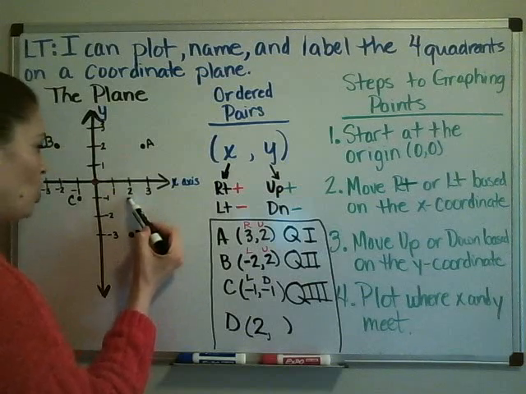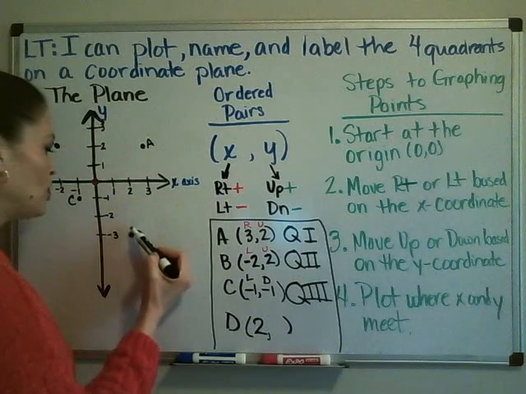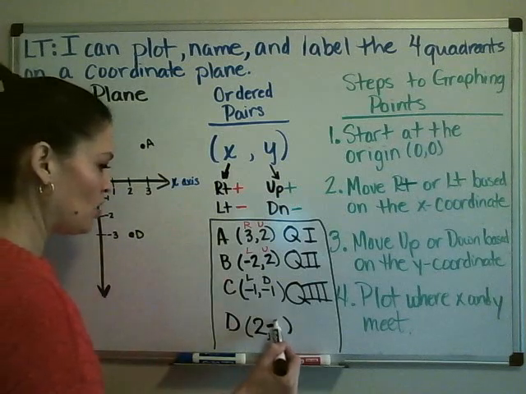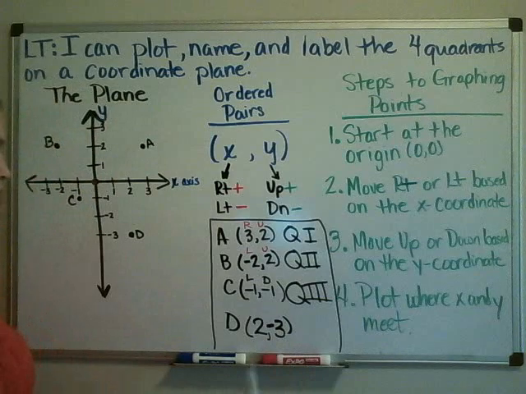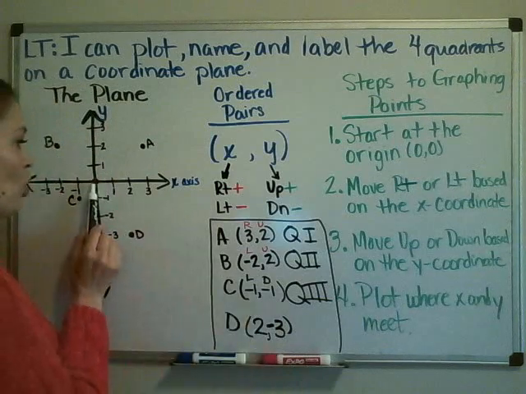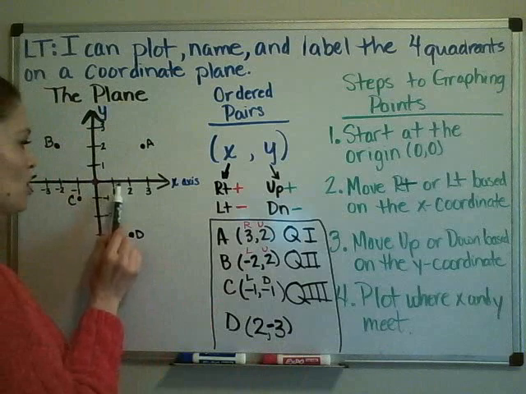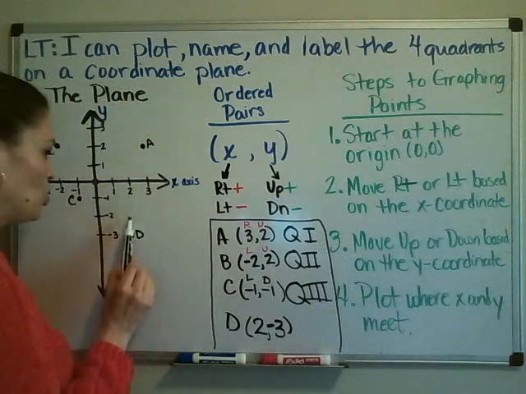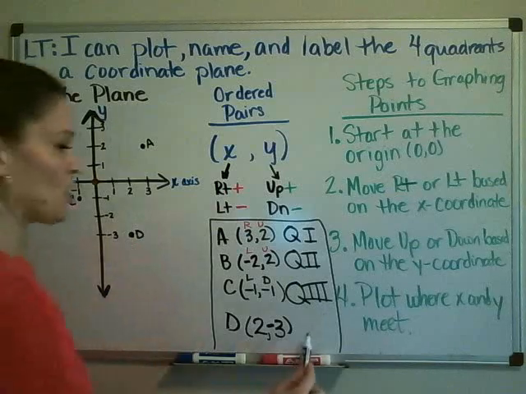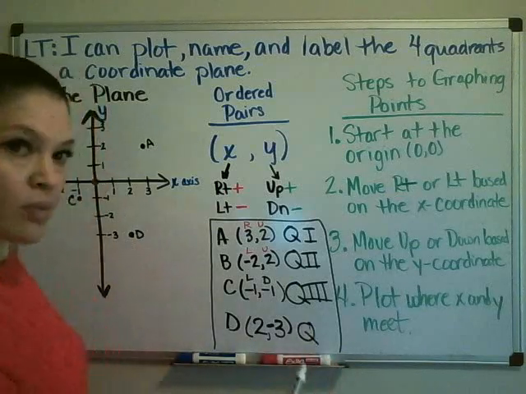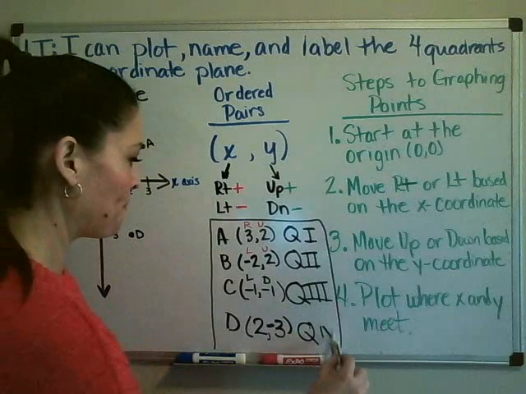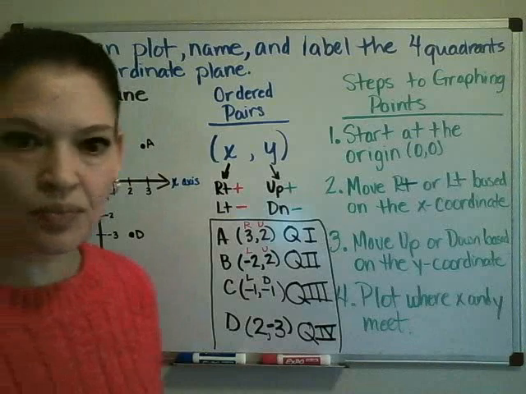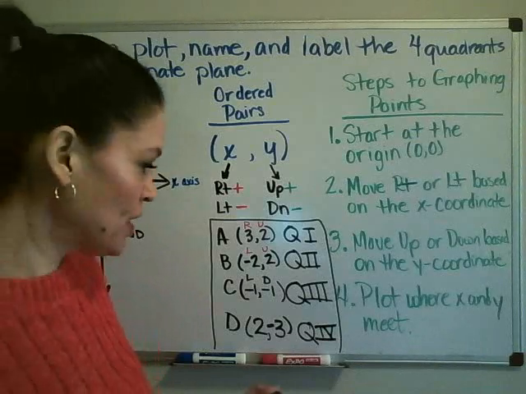I have to go down 1, down 2, down 3. Down means -3. Let's repeat that. So you're at the origin, you're going to go to +2, and then you're going to go down 3. 1, 2, 3. What quadrant is that? That is quadrant 4. Okay?